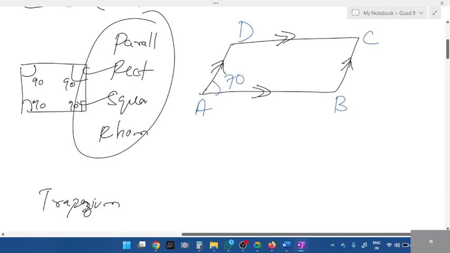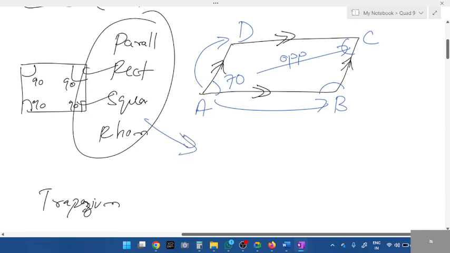Both D and B. But what about C? C is opposite. According to this quadrilateral concept, for all these 4 diagrams, opposite angles are equal. What's the concept, students? Opposite angles are equal.